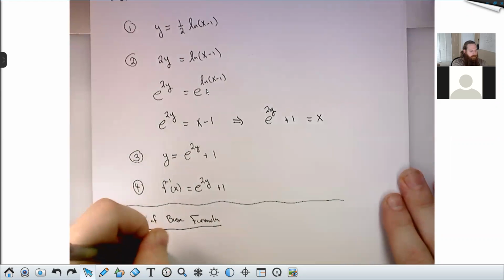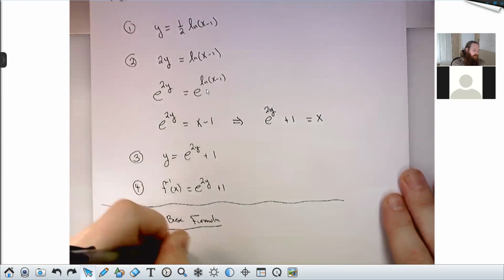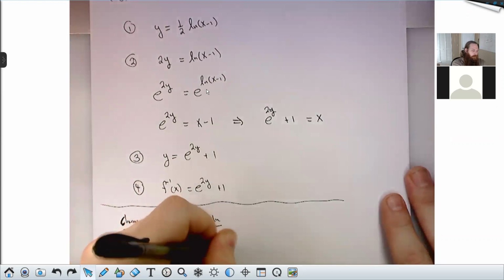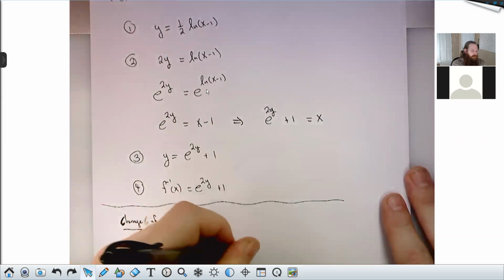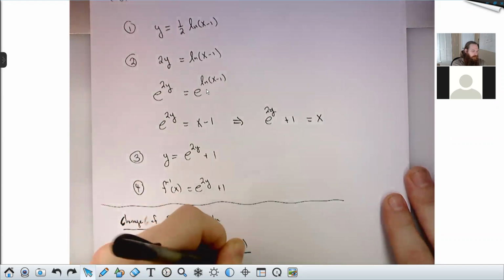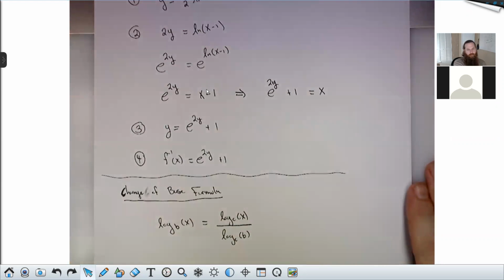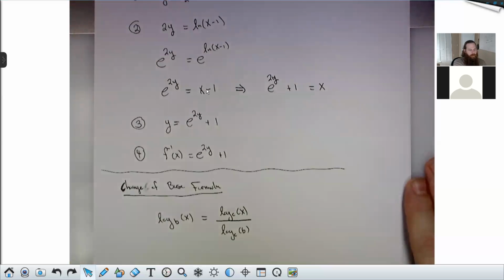I'll show you what the formula says. It says the base b log of x is equal to the base c log of x over the base c log of b. So if somebody hands you a logarithm in a base you don't like, and you want to change it over to another base, you can.